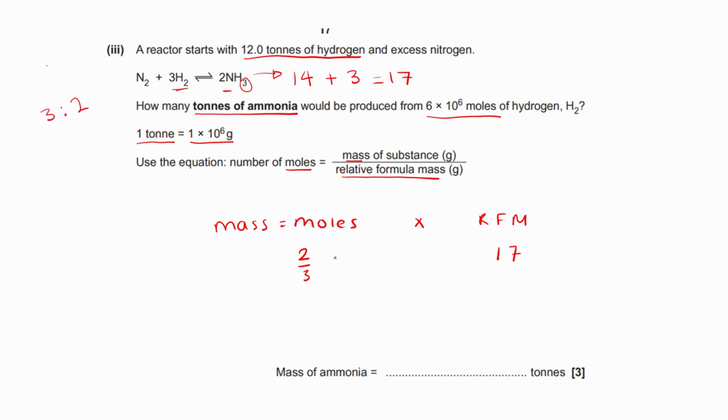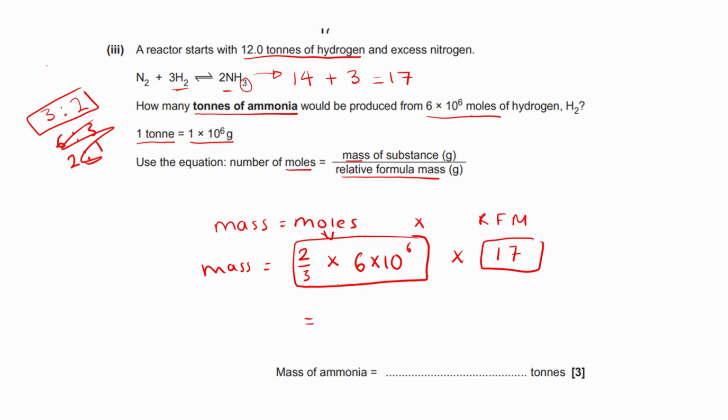Okay, so of is usually a times, so 2/3 of whatever the moles for hydrogen is, which is 6 times 10 to the power of 6. Okay, so all of this is your moles, will give you your answer for your moles of ammonia, and obviously we times that by the relative formula mass 17 to give us the mass.